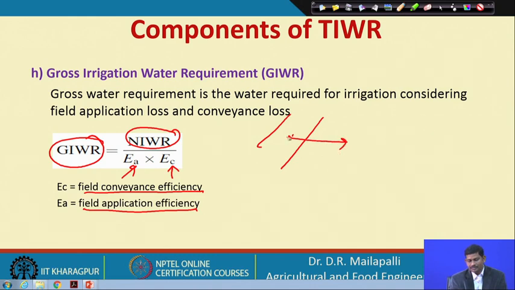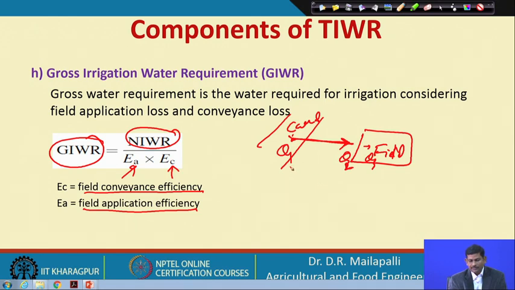So, this is a canal. From the canal the water is delivered to the fields, right. This is the field, right. So, suppose you have Q1 delivered here and Q2 you received, and Q3 you applied.